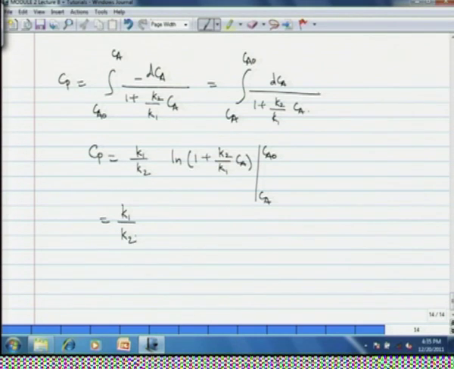Cp is K1 by K2 into ln 1 plus K2 by K1 into Ca. The limits are Ca naught to Ca, but we have observed the negative sign here to reverse the limits, and then what we get is the final integral.